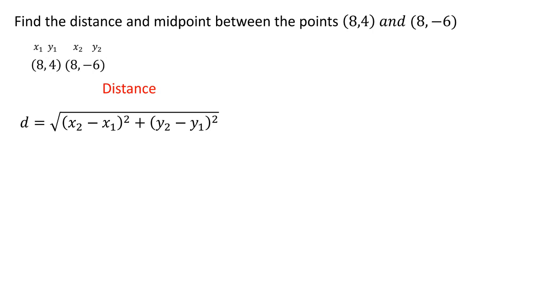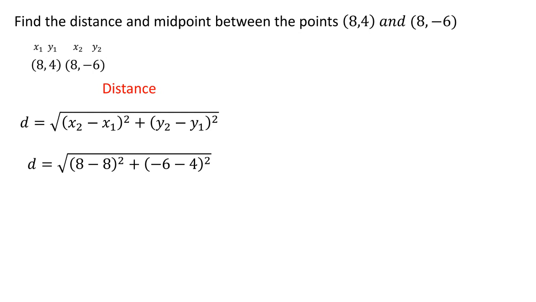The ordered pair 8, -6 is point 2, so 8 is my x2 value and -6 is my y2 value. The distance formula is the square root of (x2 minus x1) squared plus (y2 minus y1) squared. All it is now is to substitute these values into the variables.